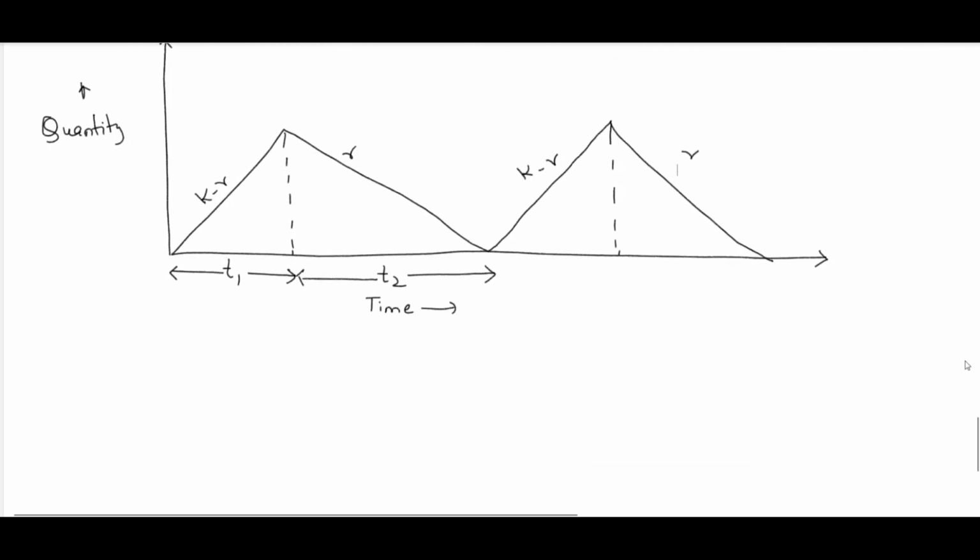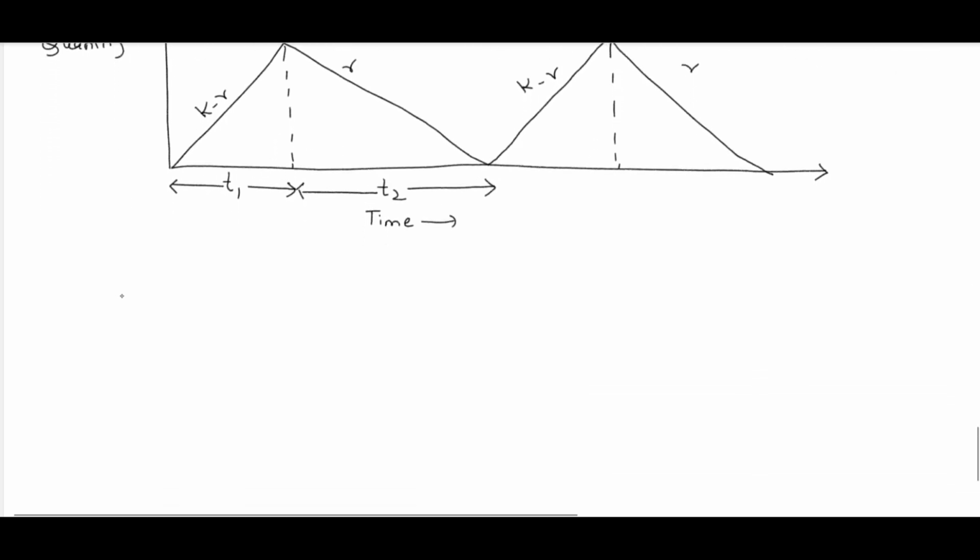Here we are using small r, which is nothing but the annual demand of an item. In the purchase model, we were using capital D as the annual demand because we were purchasing. Here, r is the annual demand of the subpart that we are manufacturing.